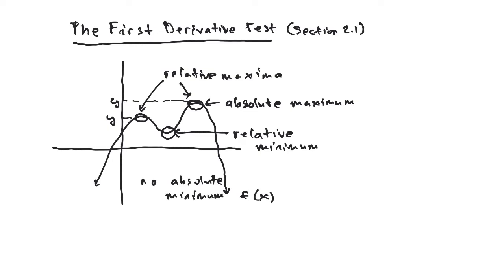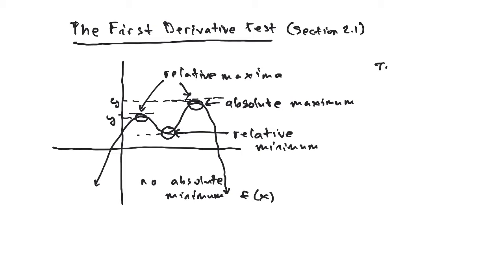Okay, so what we want to do is find a way to figure out where these are. And if you notice on this graph, the relative maxima and minima are happening at places where the tangent line is horizontal. So if I drew a tangent line here, and a tangent line here, then in those places f prime of x is equal to 0.